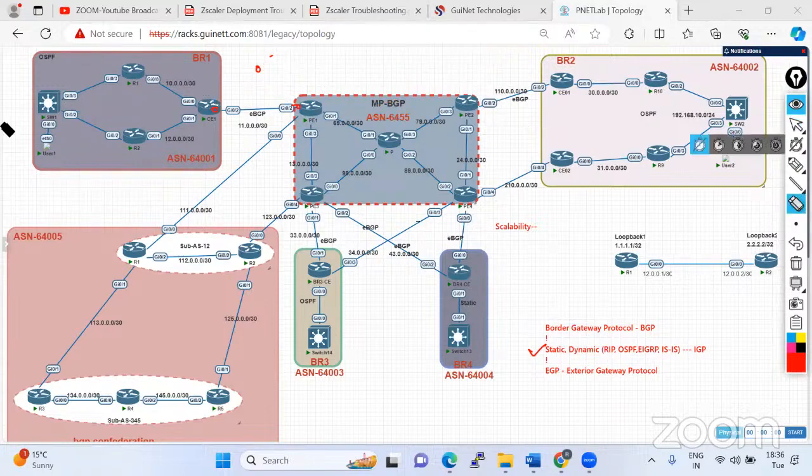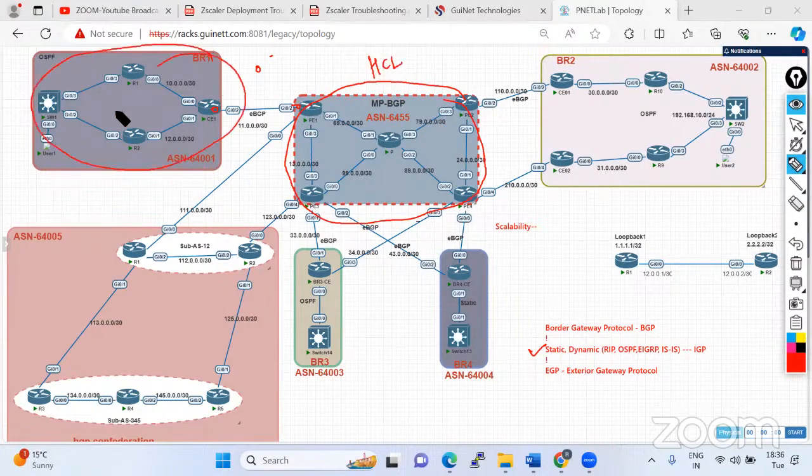So what is an autonomous system? An autonomous system is one area or one system which is managed by a single company. Likewise, your company is HCL, right? HCL is one company, another company is Wipro. Wipro is another company, so these two are separate entities. Inside each separate entity, whatever communication happens is known as the autonomous system.